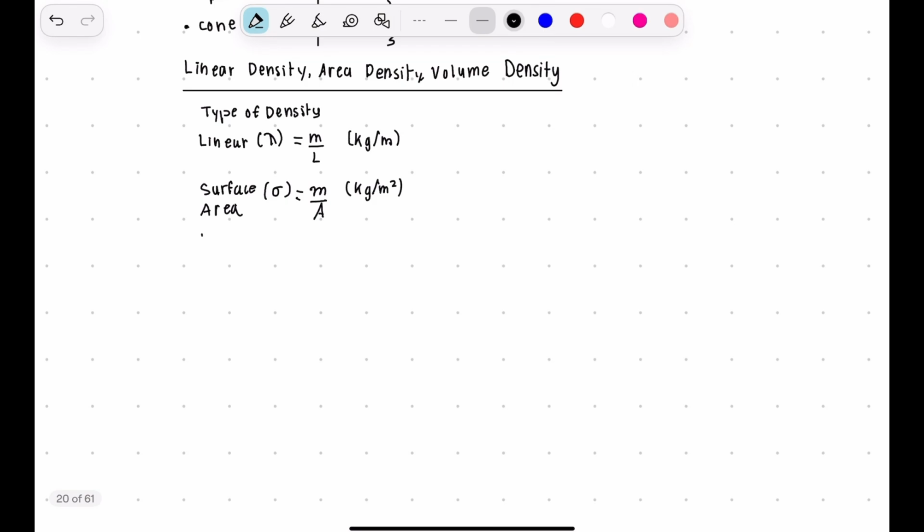And for volume density, we have this symbol, which is equal to m over V, which is kilograms over meters cubed.